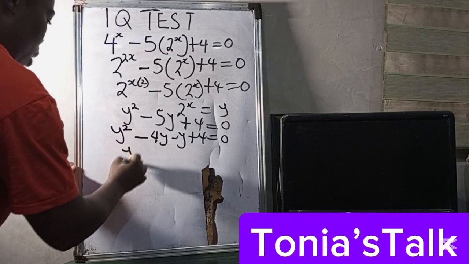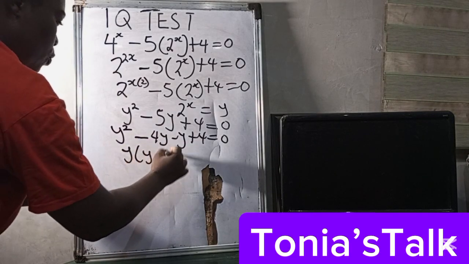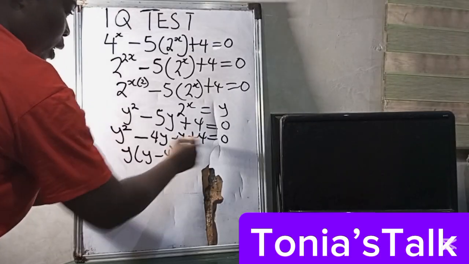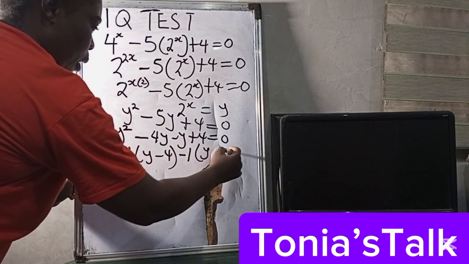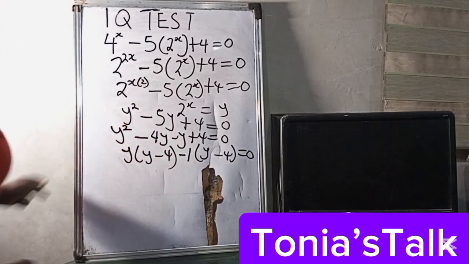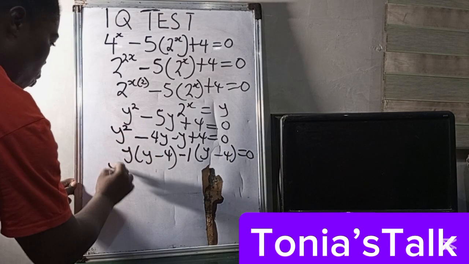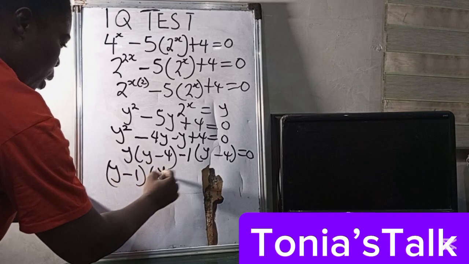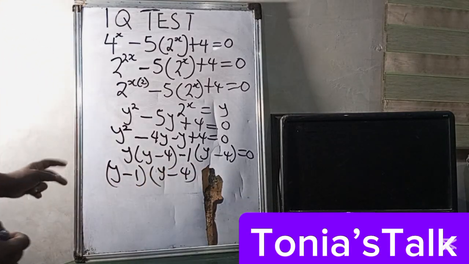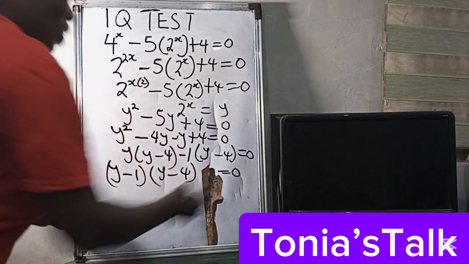So we have y bracket y minus 4, and what they have in common here is minus 1. So minus 1 bracket y minus 4 equal to 0. So we have y minus 1, the one outside, bracket y minus 4, and that's equal to 0.